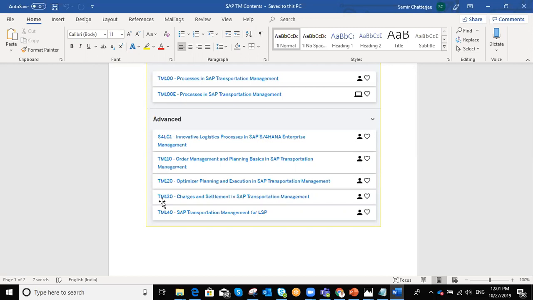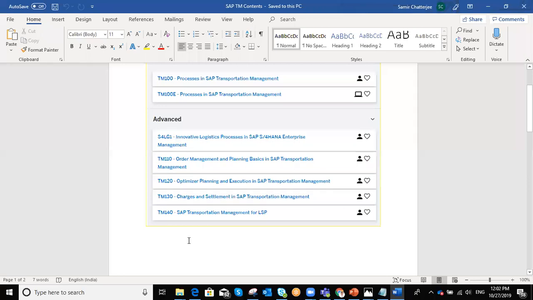And there is a portal available which is integrated with TM. In this portal we can see the status of the freight orders in terms of pending settlement or payment, and so on. If the payment settlement is not done, then the service quality may be deteriorated by the carriers.